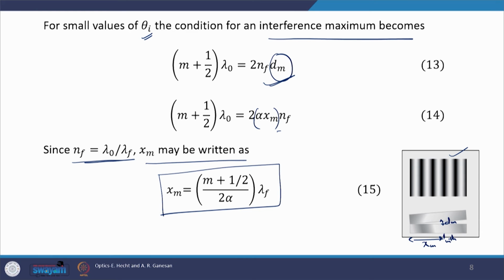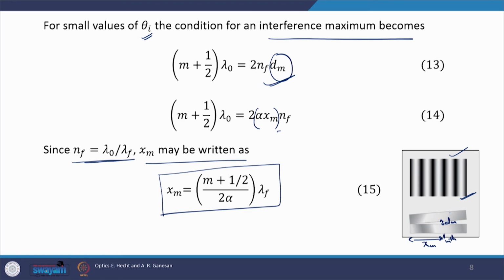And the fringes switch from dark to bright and bright to dark as we move away from the line of contact, as you increase the thickness of the wedge. If you vary the thickness of this wedge, the fringes alter. It goes from bright to dark and then dark to bright and so on, and this is shown here.